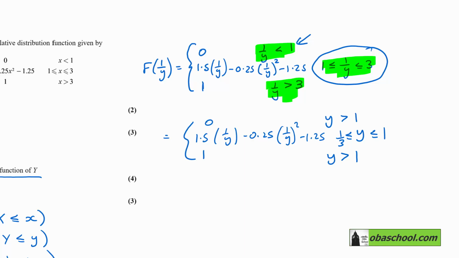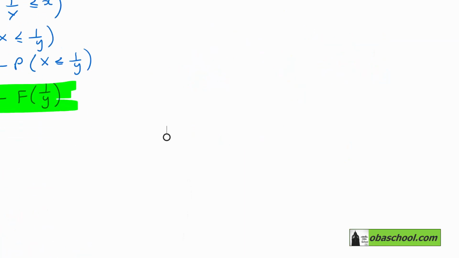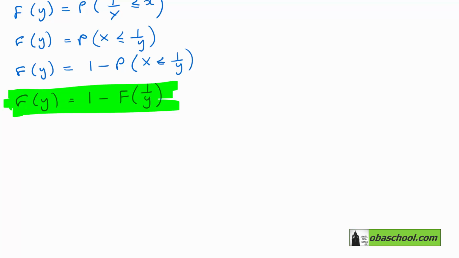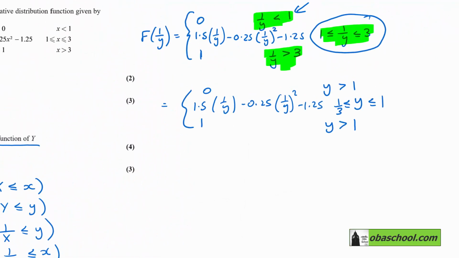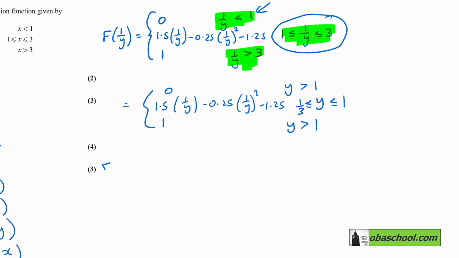Now, we know that we had a 1 minus over here. F_Y was 1 take away f of 1 over y. So f of y is going to be, I just noticed a slight mistake up here.